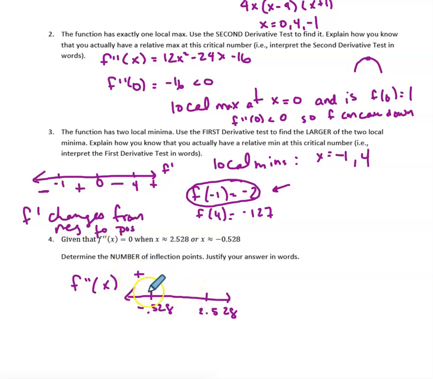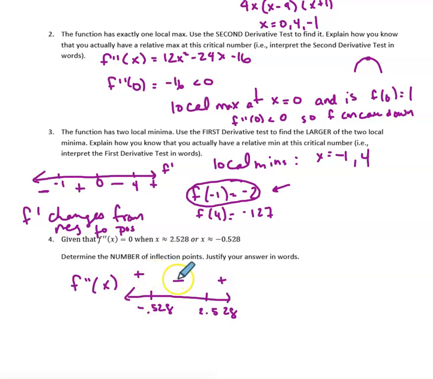Then if I plug in 0 from this interval, I get out a -16, so that's a negative number. And then if I plug in 3, I'm going to get 12 times 9, which is 108, minus 72 minus 16. So I've taken 108 and I've subtracted out 88, so I have a positive 20 again, and that is a positive number.